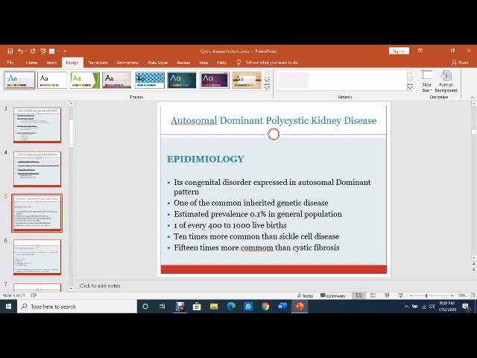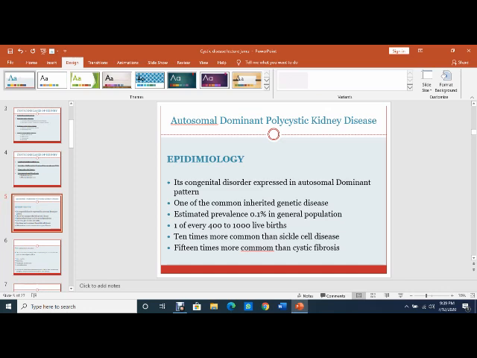These patients can present with a variety of presentations, usually dull pain, sometimes hematuria, stones and hypertension. So coming to the epidemiology of autosomal dominant polycystic kidney disease: it is a congenital disorder with an autosomal dominant pattern, one of the common inherited genetic diseases.